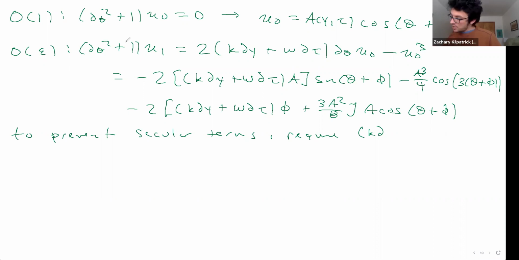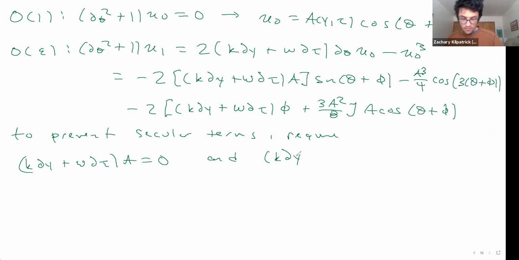So I'm going to require, maybe I'll write them on the same line so it's clear, (k ∂y + ω ∂τ) a equals 0, and (k ∂y + ω ∂τ) φ plus 3a squared over 8 is equal to 0.